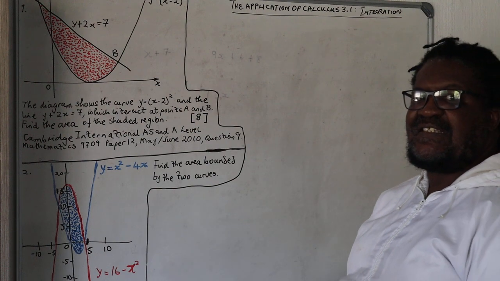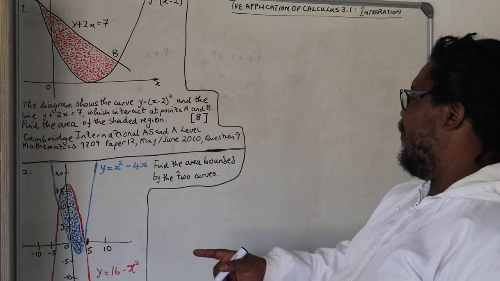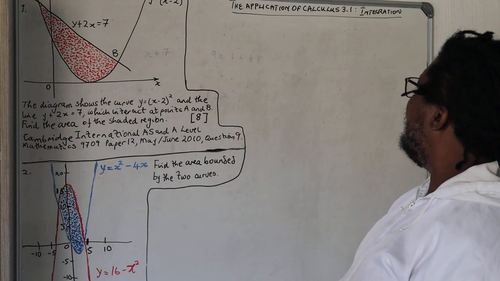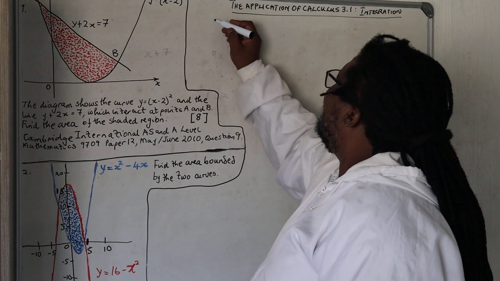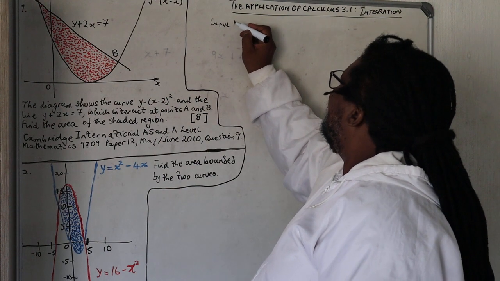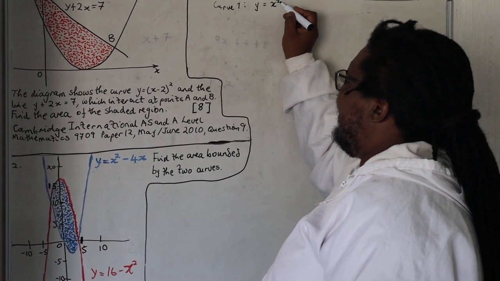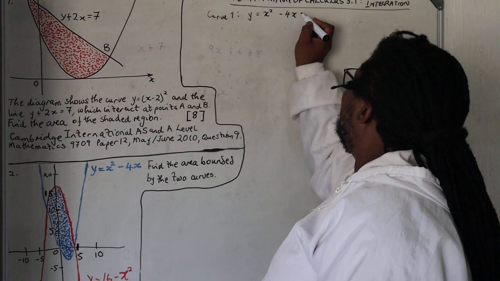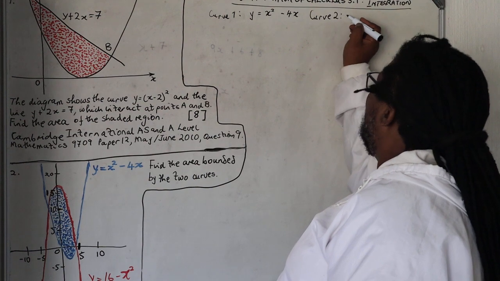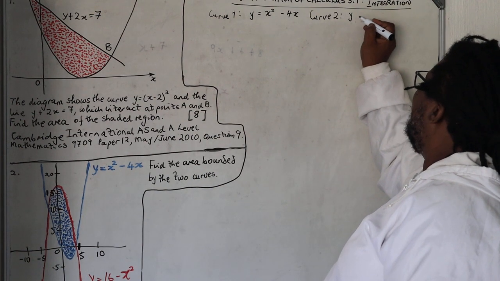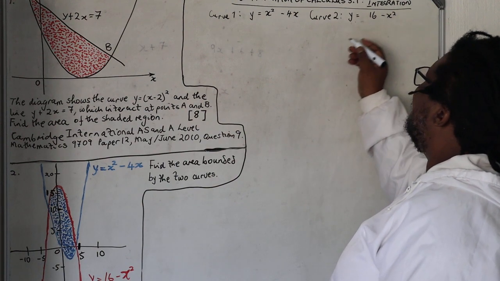And like we did in the first instance, we calculate for the two curves the points of intersection where they meet. So for curve 1, we have y is equal to x squared minus 4x, and for curve 2, we have y equals 16 minus x squared.